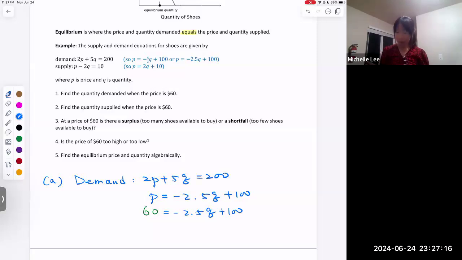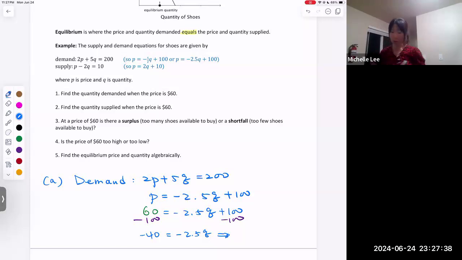So minus 100, or we can move the other way, right? So we have negative 40 equal to negative 2.5Q.